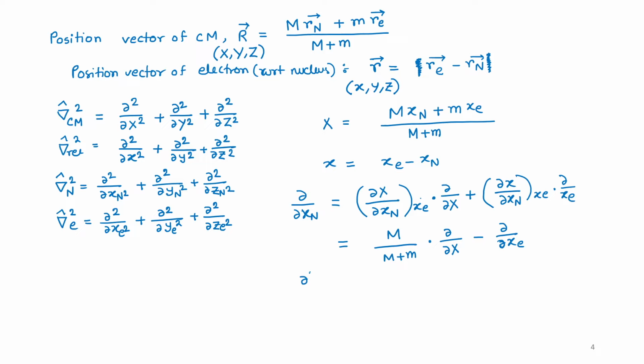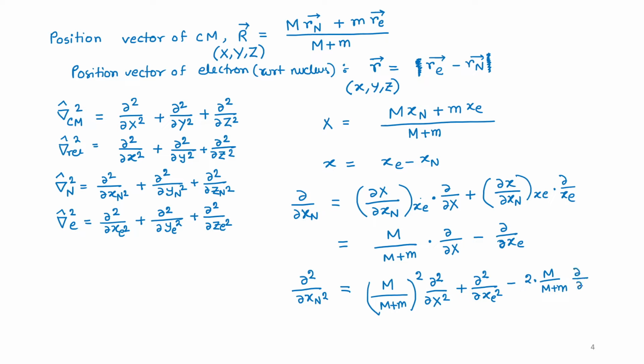So if we want to get del square by del xn square, we have to take the square of the whole, right? So (m by m plus m) square of that, del 2 by del capital X2, plus del 2 by del small x2, into m by m plus m, del x.